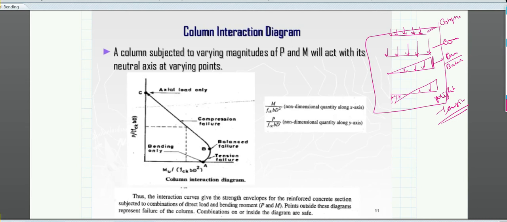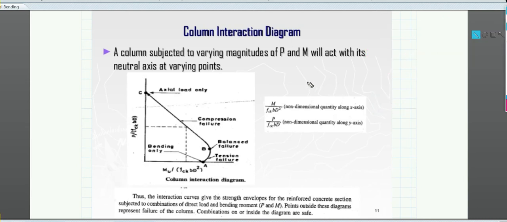Now this graph has two axes. Just look at the P value, that is the axial force, and on this side only the moment.